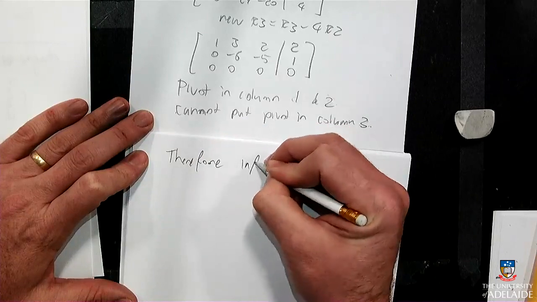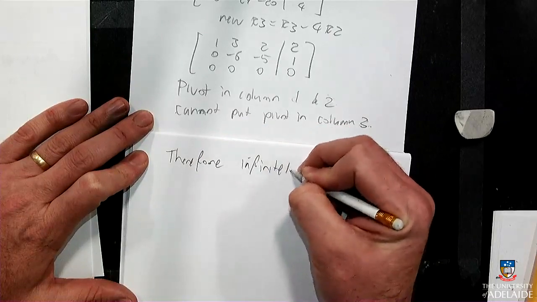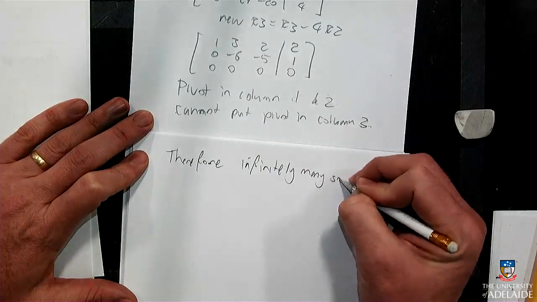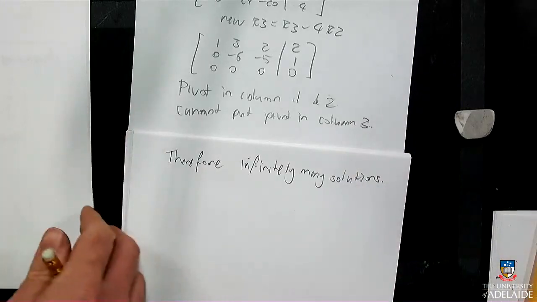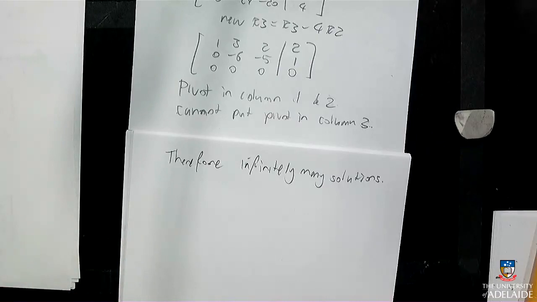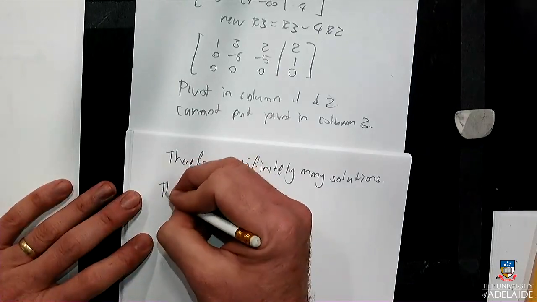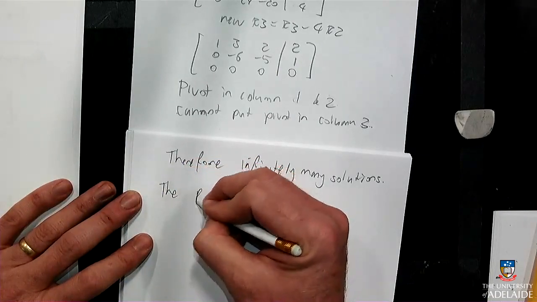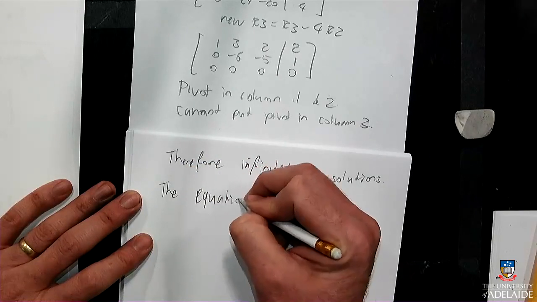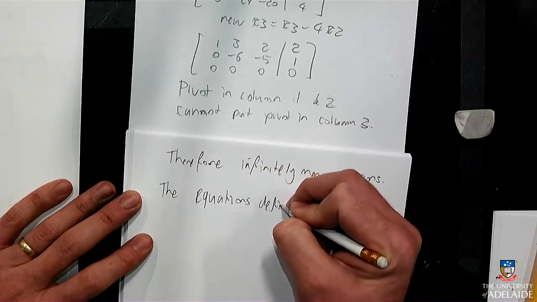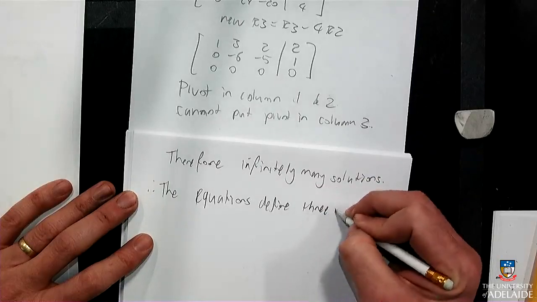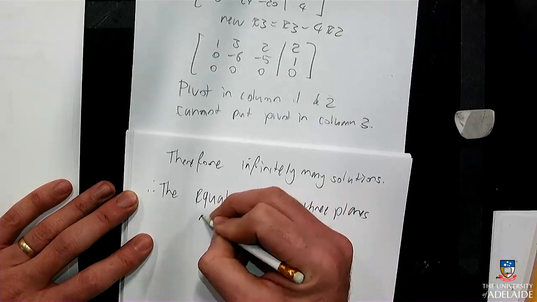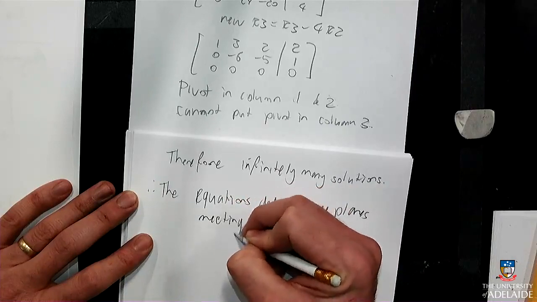Therefore, we have infinitely many solutions. Now, since none of those planes are the same plane, the equations define three planes meeting in a line.